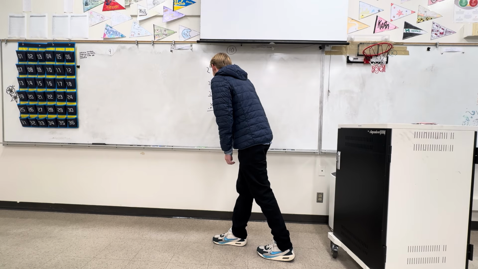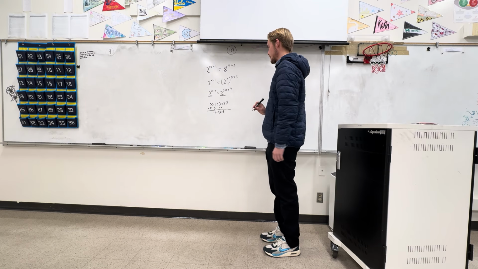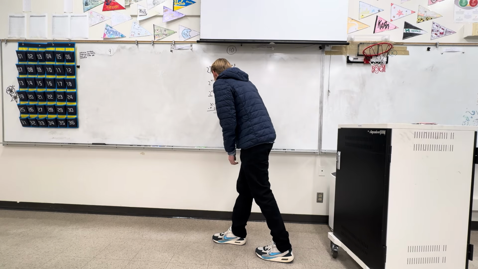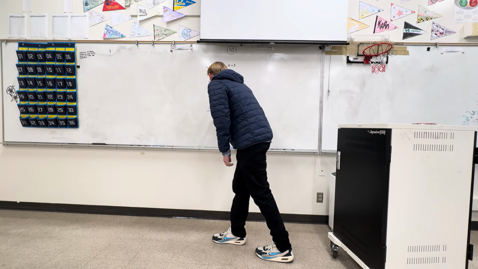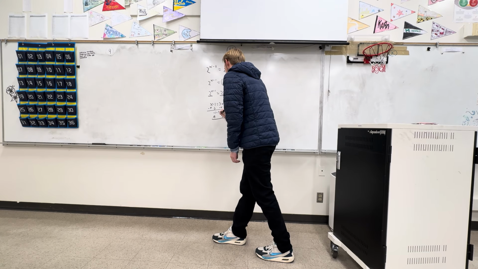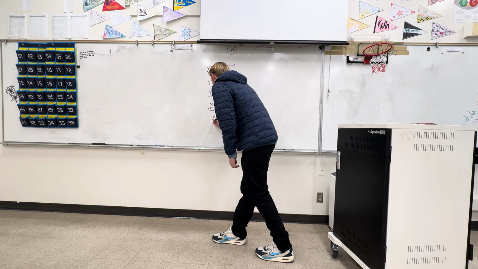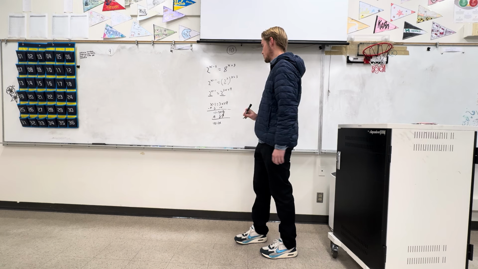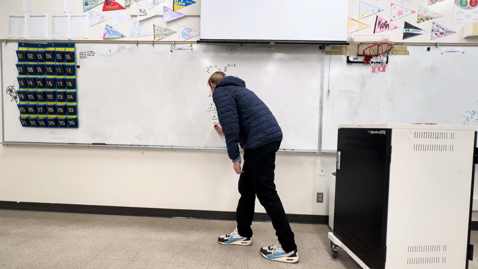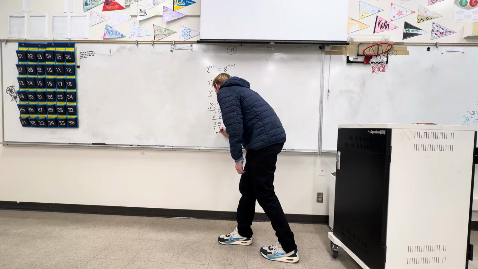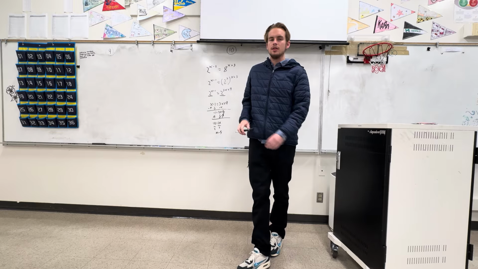That gives us negative 1 equals 2x plus 9. And then we can subtract 9 from both sides. We're left with 2x equals negative 10. Divide everything by 2. And we got x equals negative 5.